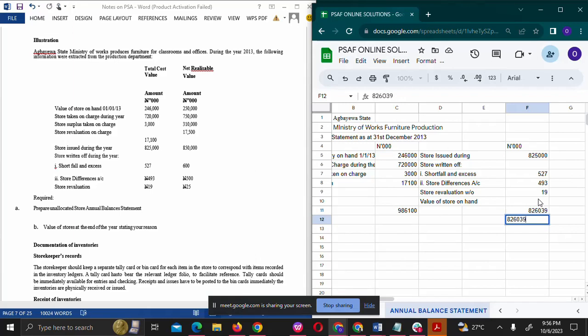So I have this 986,100 minus 826,039 in absolute figure. So do you understand? This is just supposed to be a working note.